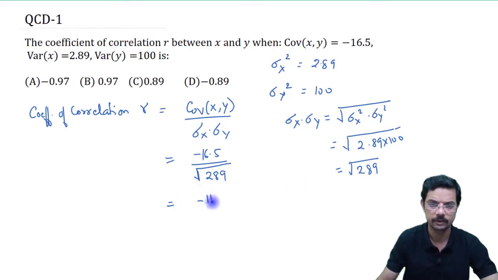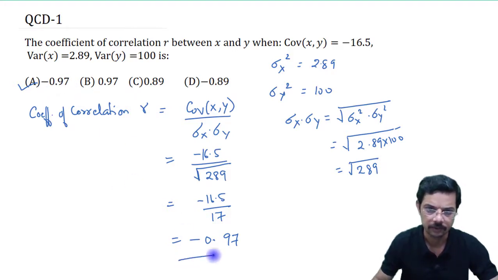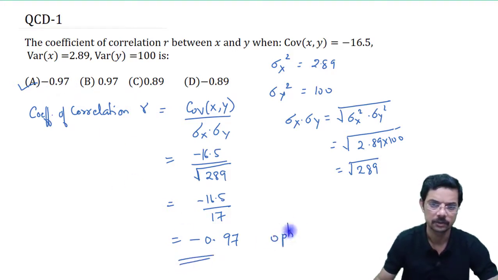So minus 16.5 divided by 17, and when we calculate this using the calculator, what we get is minus 0.97. Just look into the options, which one is the correct option? Option A, minus 0.97, is our correct answer.